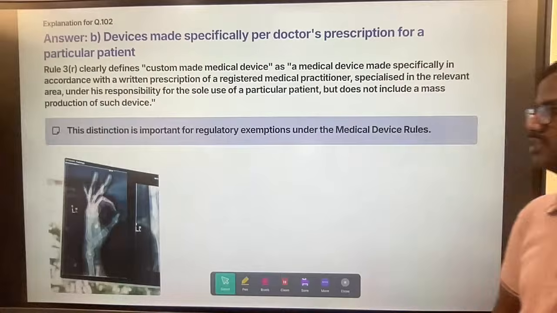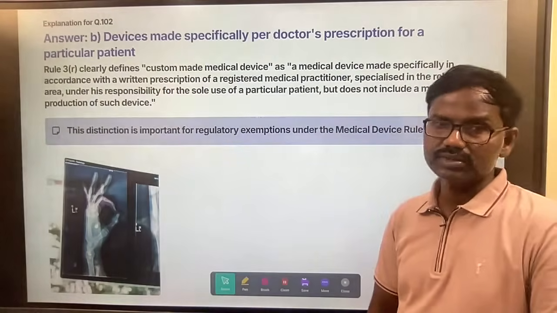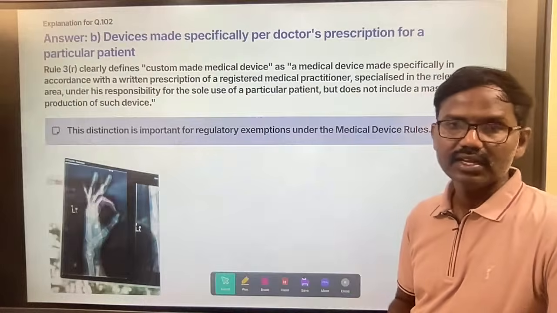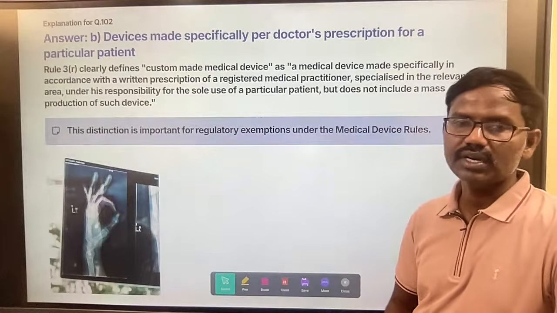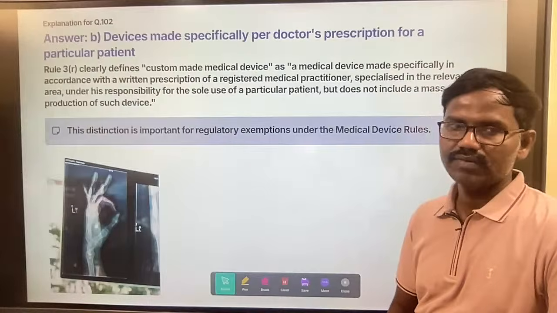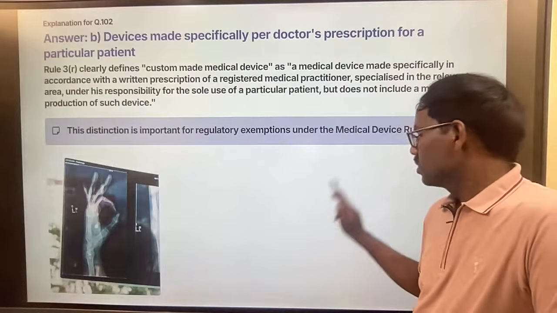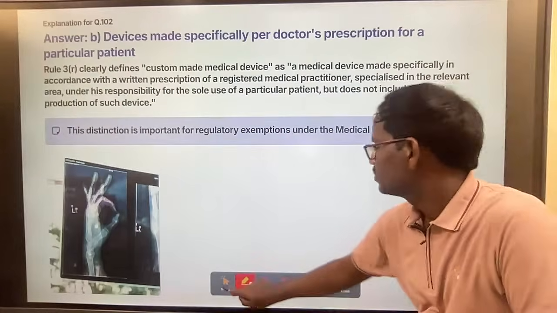This distinction is important for regulatory exemptions under the Medical Device Rules. If he is an expert in that particular field, he can go for the customization, but he will be responsible for everything, and it should not be mass production. Okay, next.